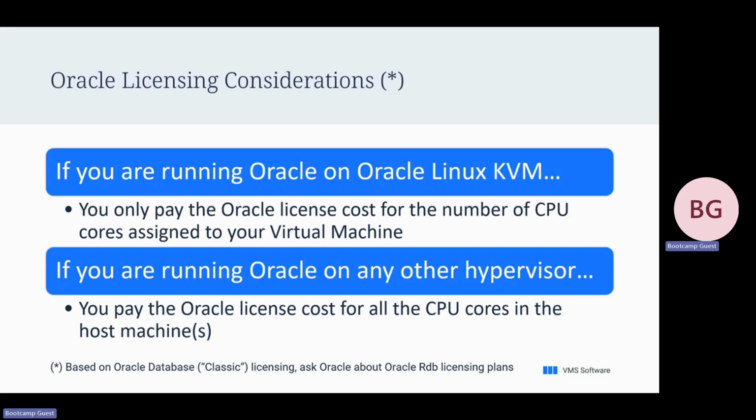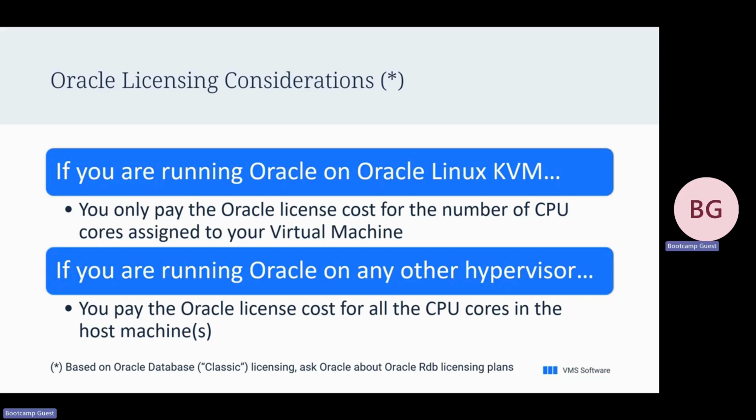Oracle makes a difference between running that on their own hypervisor versus running it on any other hypervisor. Oracle says if you have a host system with, say, 256 CPU cores, and you run a virtual machine that has 8 CPU cores on that system, and you run Oracle on that, you need to buy a license for the host system for all 256 cores.